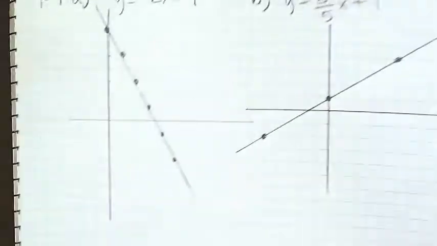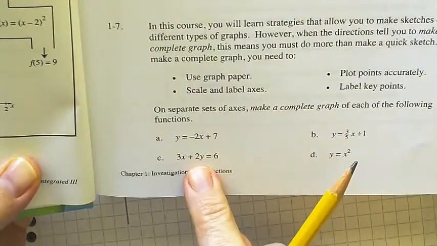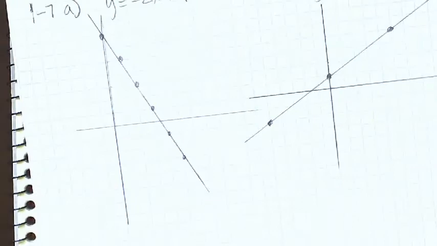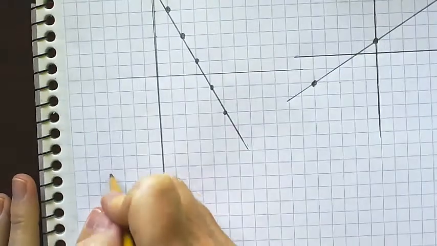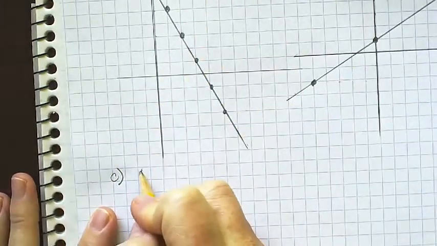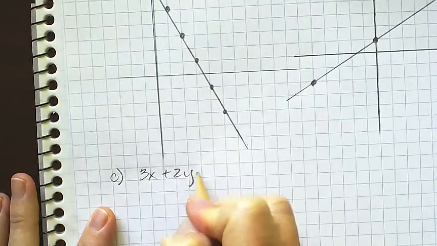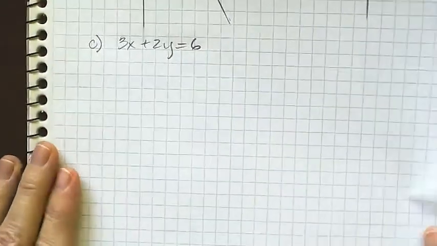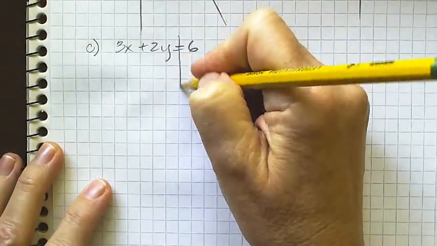All right, part C. We have a linear equation in standard form, 3x plus 2y equals 6. I don't know if you can graph that in Desmos or not without putting it in y-intercept form. So let's just change it over to y-intercept form and get y by itself.